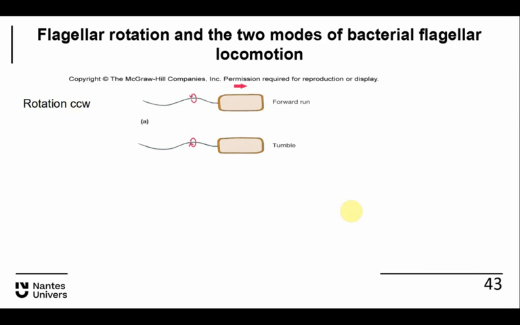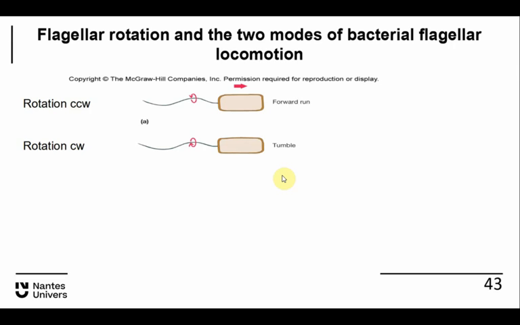So the way it works is that when the flagellum is rotating in a counterclockwise sense, then the bacterium is going to go forward in a straight line. Then when the flagellum rotates clockwise, everybody know what I mean by that? Yeah, good. Then the bacterium is going to tumble around and change direction in a random way.